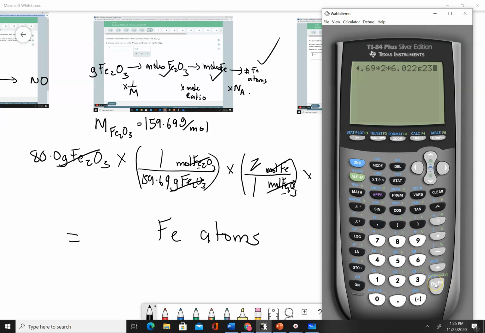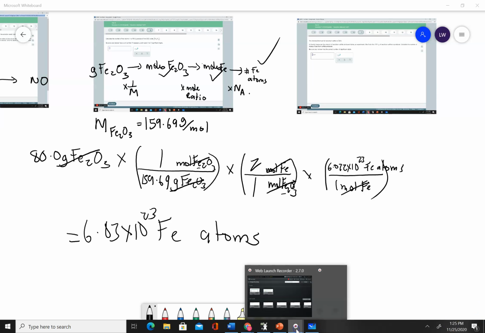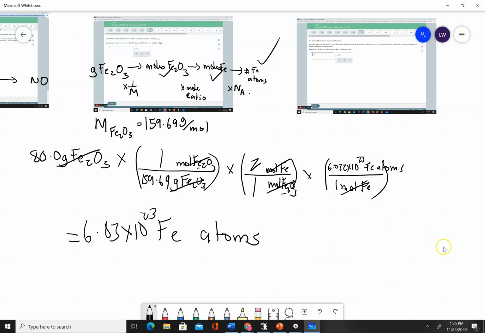And so I want to get a big number, right? And I got a big number, 6.03 by 10 to the 23, and I wanted 3 sig figs according to the problem. So 6.03 by 10 to the 23. There we go. Pretty good. All right. Everybody's happy.